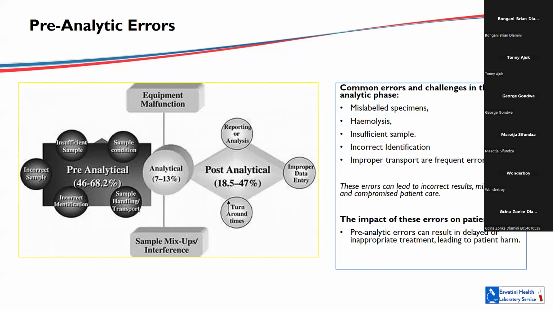Okay, quality control in the pre-analytical phase. Let's have some discussion on the quality control measures. For pre-specimen collection, we have already said it's very critical to verify the patient positively and the test orders.